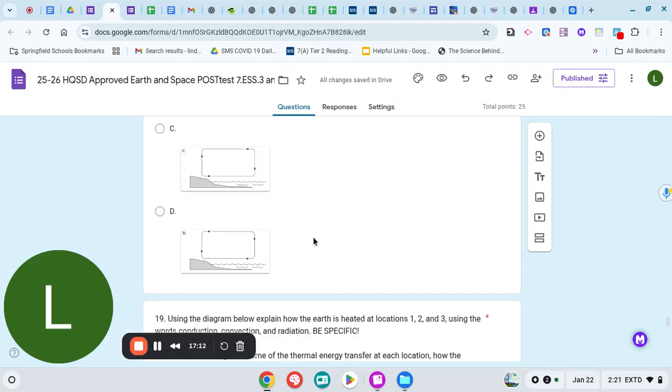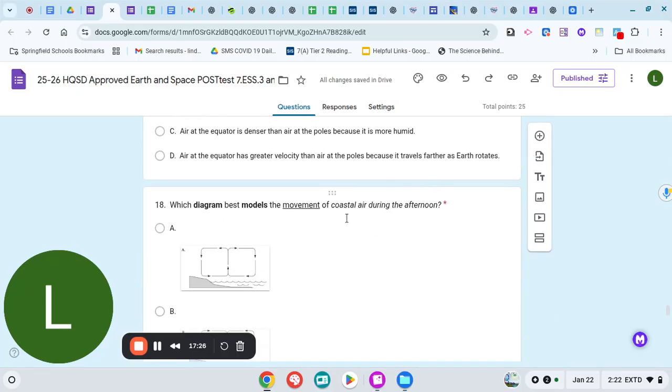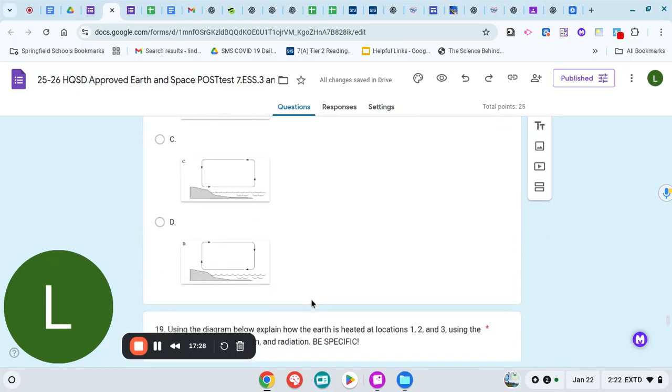D also only shows one current. The land is here, the ocean is here, and the current is moving this way. Again, think about what type of breeze happens during the afternoon, and then think about what direction that breeze is moving. What direction is that current moving?